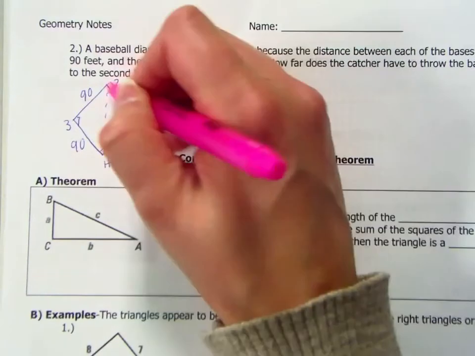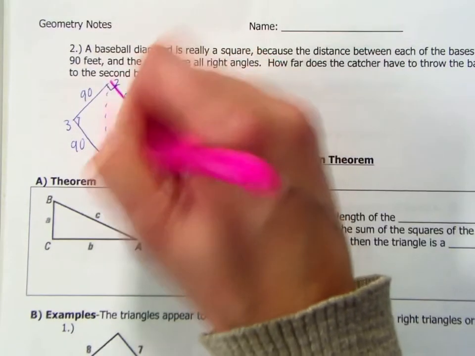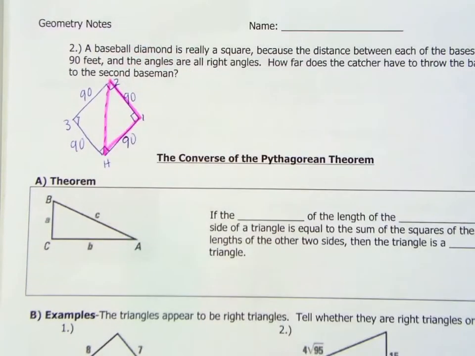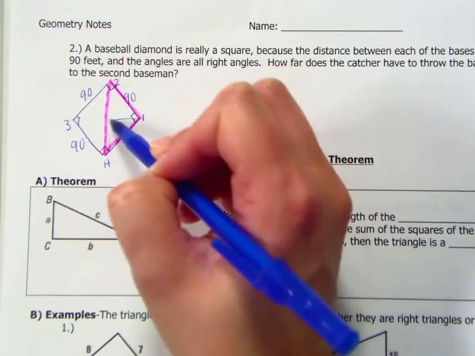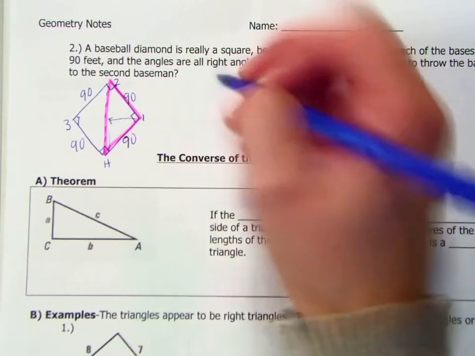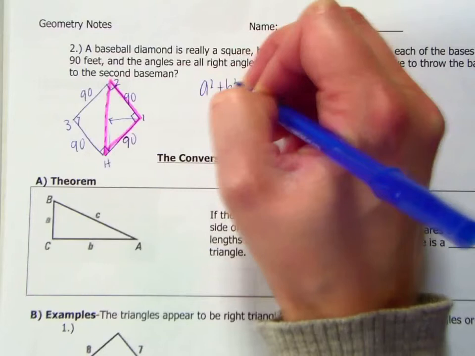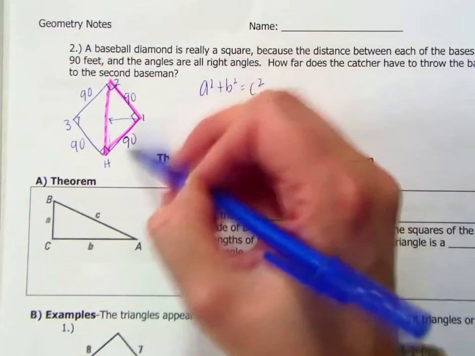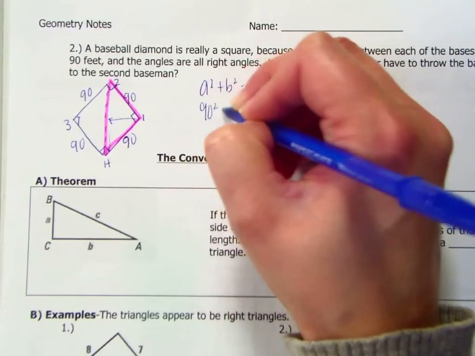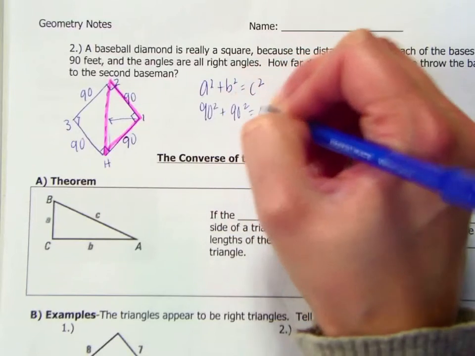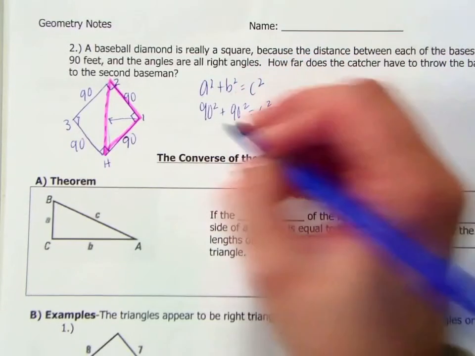So what you might see here is that we've created a right triangle. And here we're looking for the hypotenuse, which is always across from the right angle. Start with your Pythagorean theorem. 90 and 90 are the length of both legs. So 90 squared plus 90 squared equals c squared.